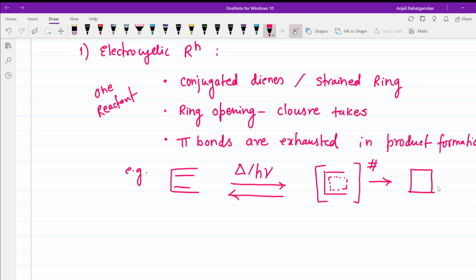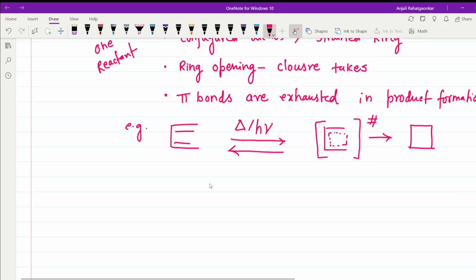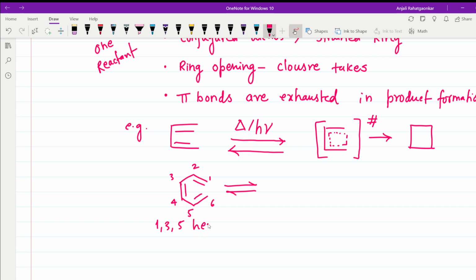All right. Now here is another example I would like to share with you. What is the name of this? 1, 2, 3, 4, 5, 6. So it is a 1,3,5-hexatriene. It is a 1,3,5-hexatriene.